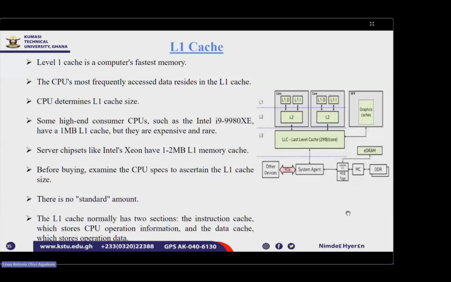Now, the level 1 cache normally has 2 sections: the instruction section, which stores CPU information, and the data section. So you'd find L1D and L1I. So you take note of that.